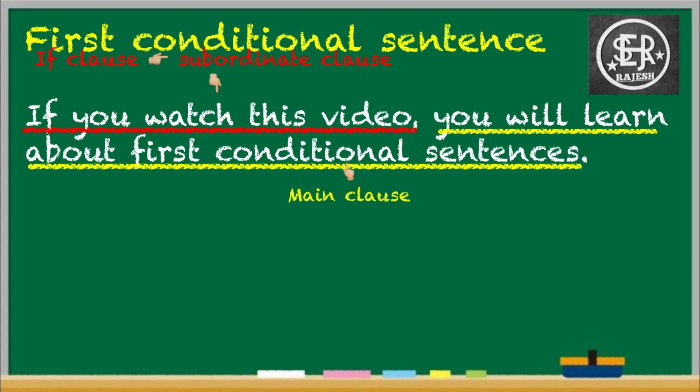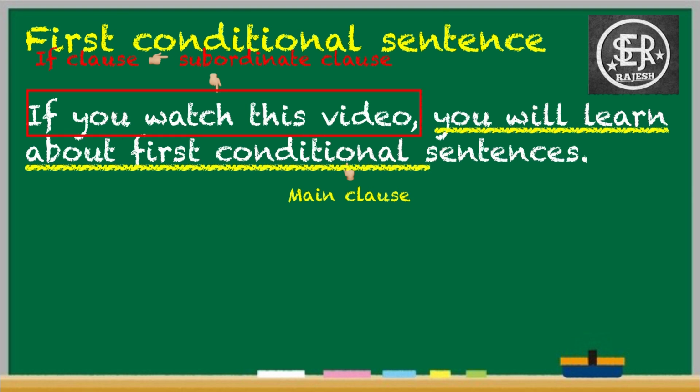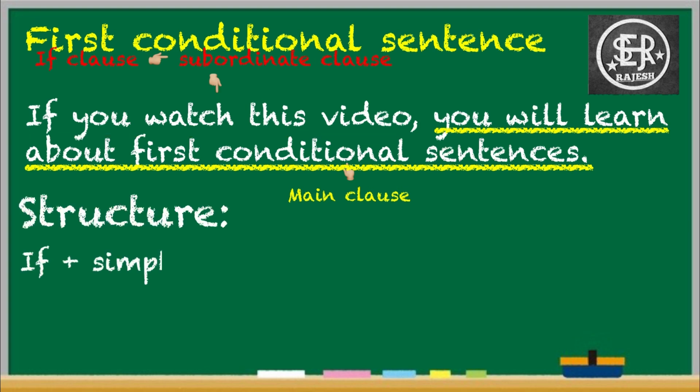Why and when do we use first conditional sentences? Native speakers use conditional sentences a lot in their speech. First conditional sentences are used to say that if something happens in the present, it will have a result like this in the future. We say a lot of things like this. The structure will be: the if clause should use if with simple present.